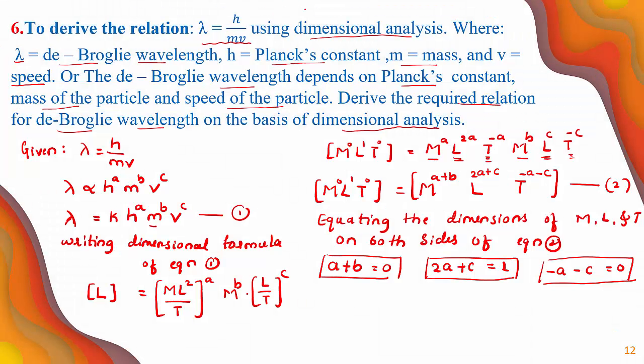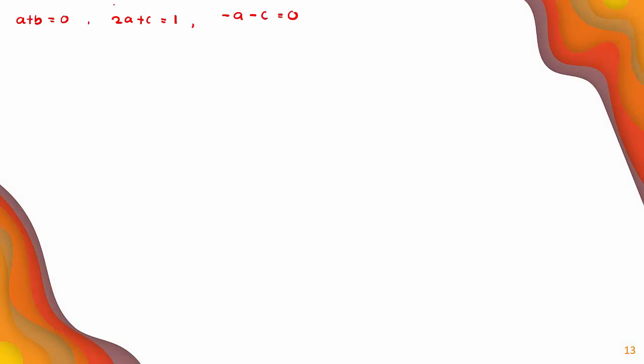Now a plus b equal to 0, so we can write a equal to minus b. And minus a minus c equal to 0 can be written as minus a equal to c, or a equal to minus c.